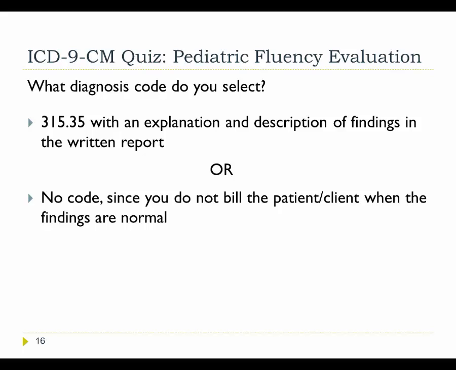Now it's time for an ICD-9-CM quiz for the same scenario. Remember, the findings from the evaluation were normal. What diagnosis codes do you select? 315.35 with an explanation and description of findings in the written report, or no code, since you do not bill the patient or client when the findings are normal?